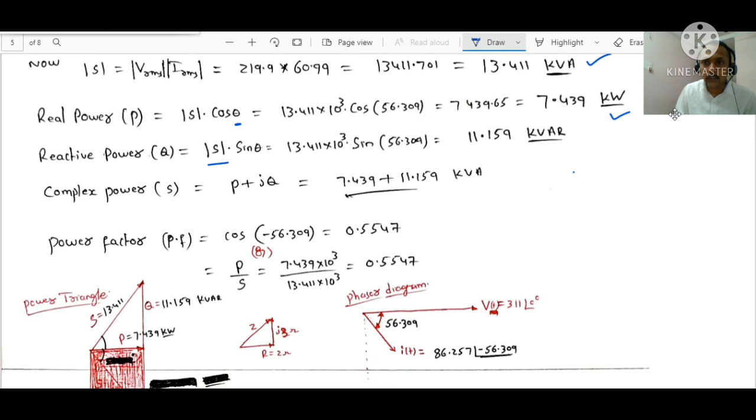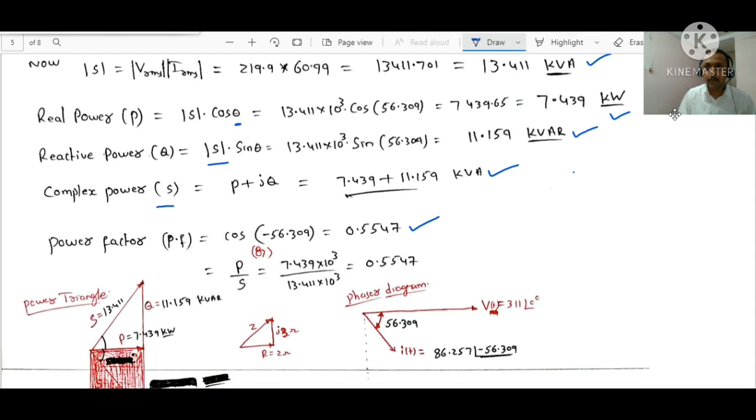Very, very important, don't forget the units: kVAR, kilovolt ampere reactive. Now what is complex power? S equals P plus JQ. P is 7.439 and Q is 11.159. What are the units for complex power? kVA. What about power factor? Cos of the angle between voltage and current. 0.5547 is the power factor.